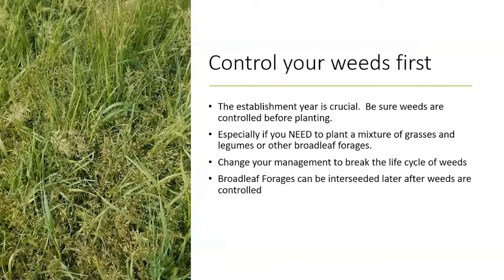So be sure that your weeds are controlled, especially if you're going to plant a mixture of legumes, because that will limit your herbicide options if you have a mixture of grasses and legumes.